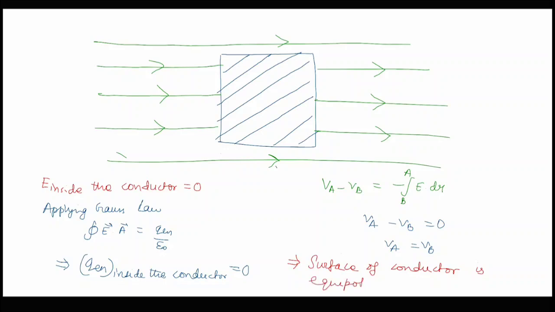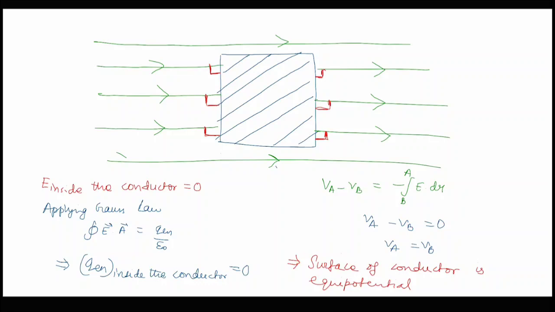And if the surface of the conductor is equipotential, I can say that the electric field is perpendicular to the equipotential surface, and hence on the conductor the external electric field makes an angle of 90 degrees, or is normal to the surface of the conductor.